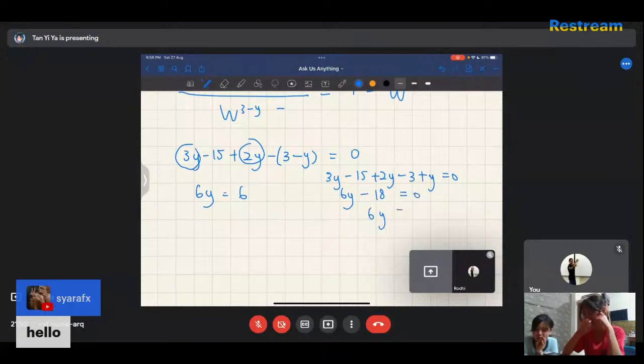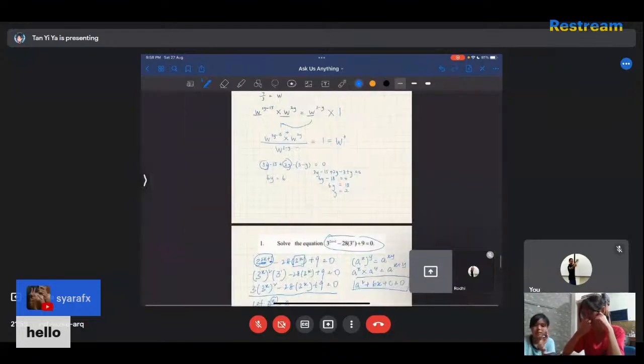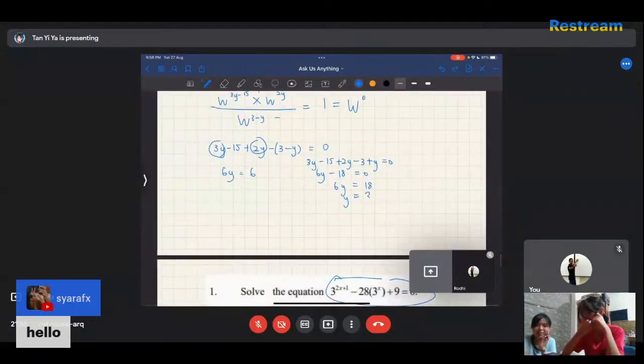Then 6y will be 2. What will be 2? 3. Yeah.